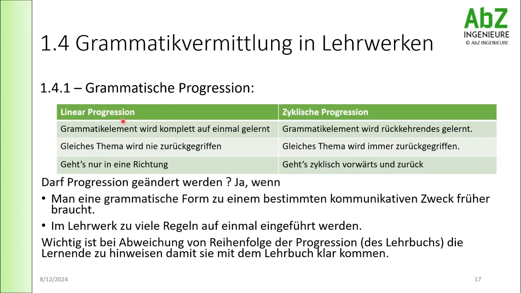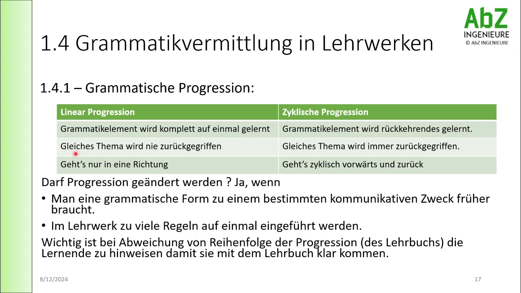Then we go to linear progression and Zyklische progression. This difference is very important and is always asked in exams. In a linear progression method, all the grammatical elements will be taught all at once, einmal gelernt. Whereas in a Zyklische progression, you will always introduce the element, go further and then come back and learn the same element again.